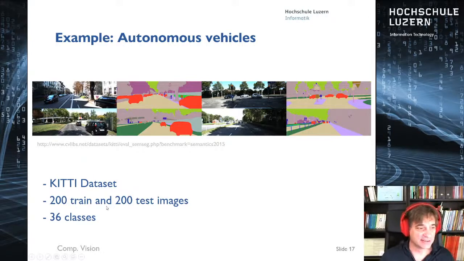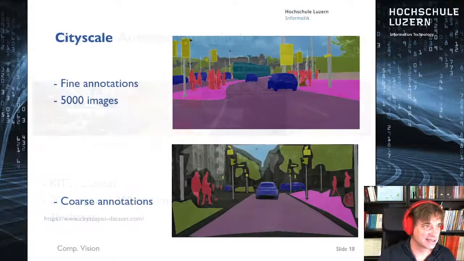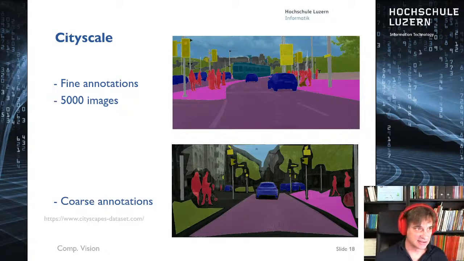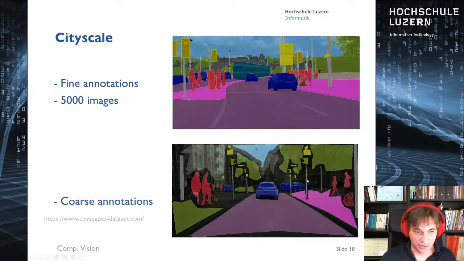This is not such a large data set, with 200 train and test image sequences and about 36 classes. And there is also a larger data set called Cityscapes with very fine annotations in 5,000 images, and more coarse annotations in a larger set of images.